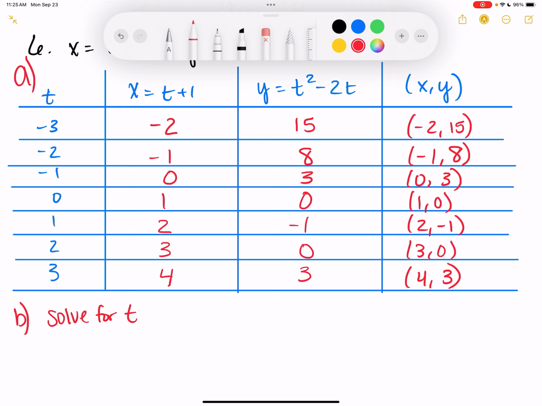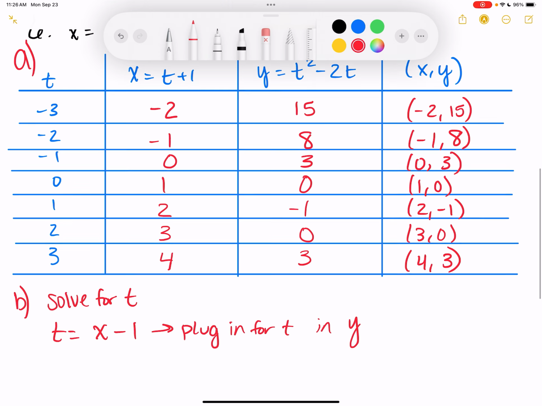So how do I get t by itself in x equals t plus 1? Subtract 1. So t equals x minus 1. Now I'm going to take this and plug in for t in y.